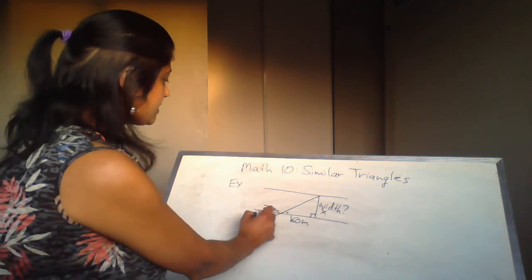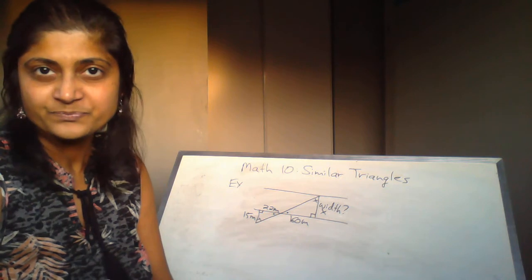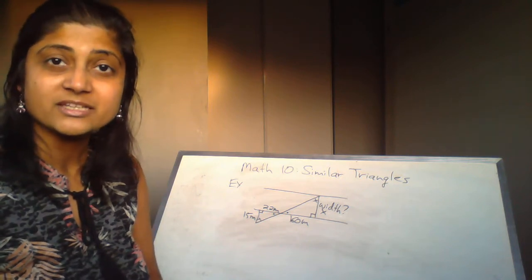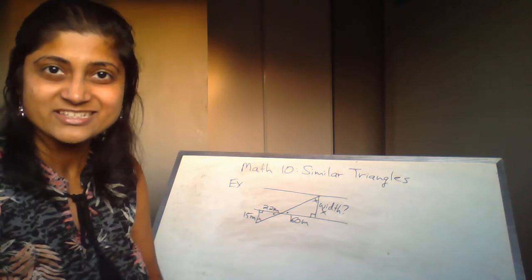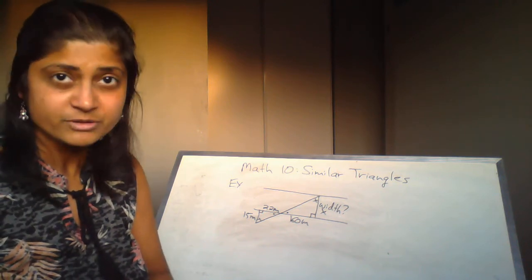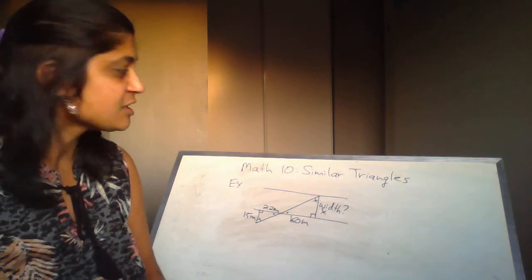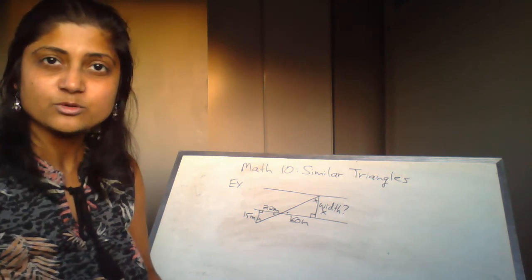So I know that, let's put an X, these two angles have to be the same, because I'm just going to be subtracting the angles from 180 degrees. Does everyone see that? This is basically the angle theorem, which shows that these two triangles are similar triangles.